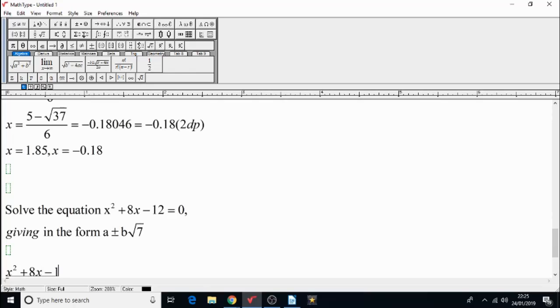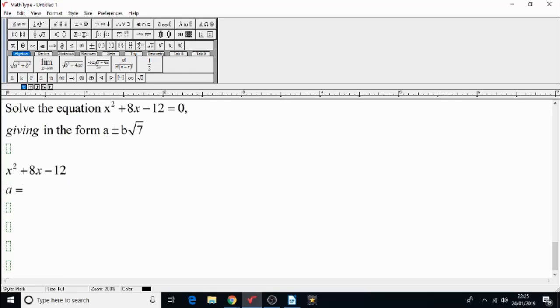So x squared plus 8x minus 12. a is equal to 1, b is equal to 8, and c is equal to minus 12.